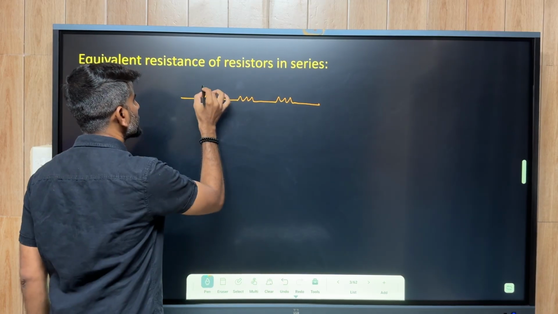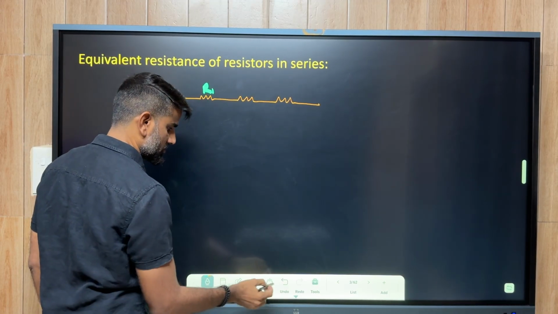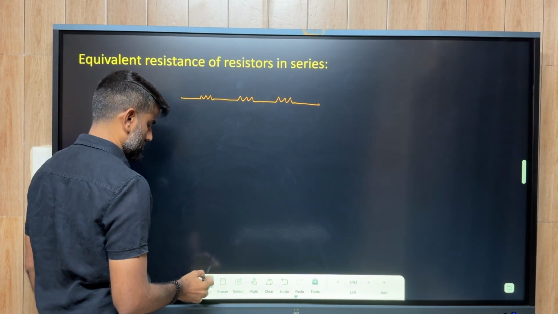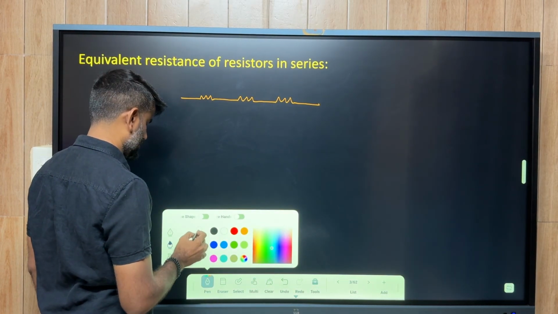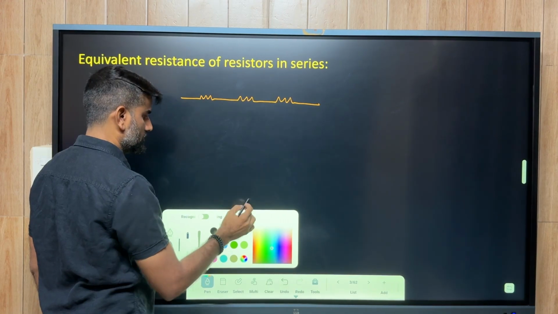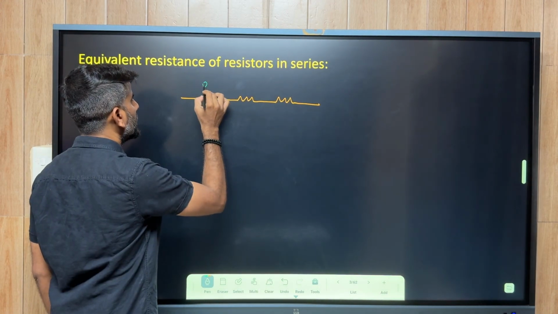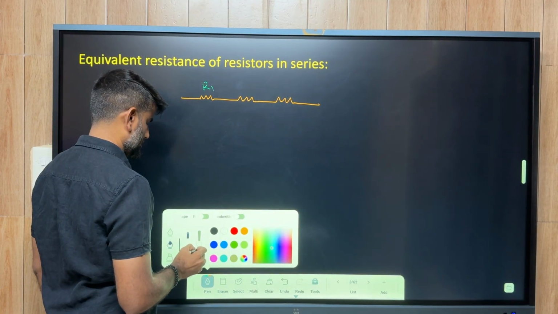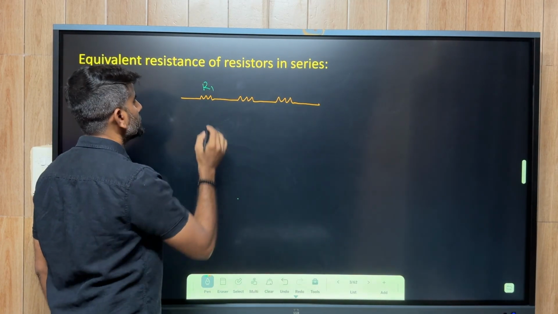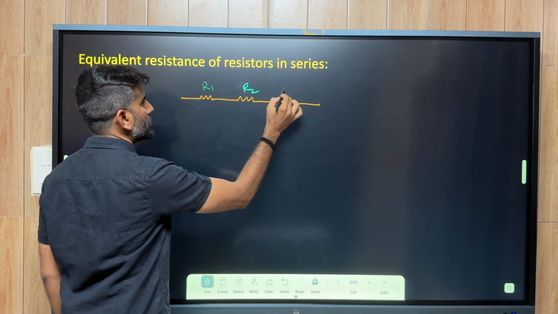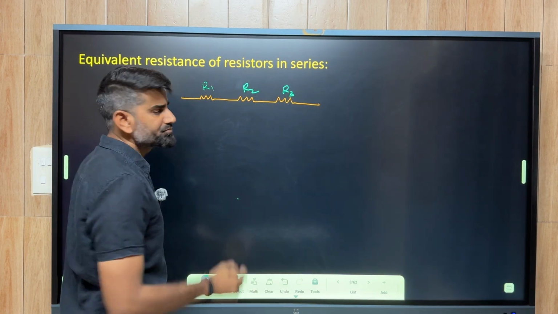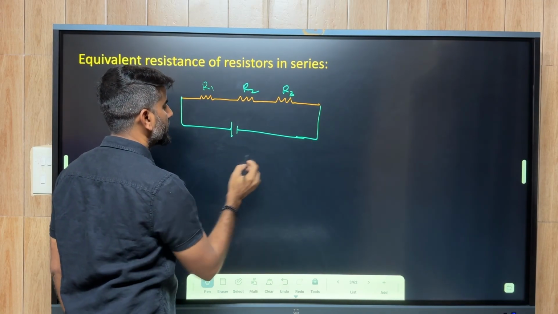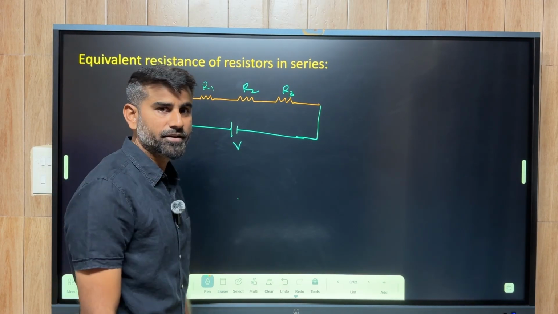This is resistor R1, this is resistor R2 and this one is resistor R3. Now these resistors are connected to a battery of potential difference V, let it be.